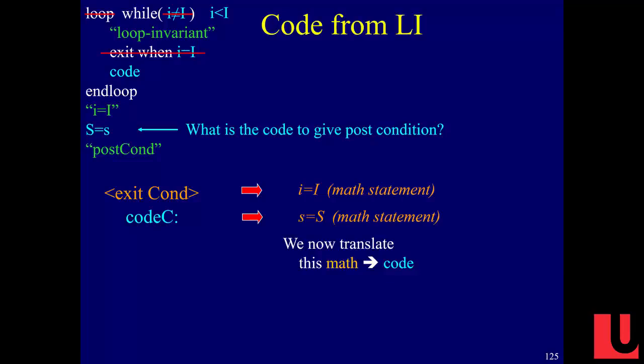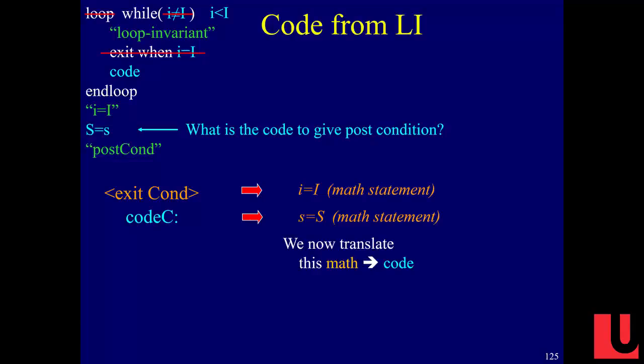Given I know little s, and I don't know big S, this is the obvious code to make this math true. Maybe I should add in the slides here. I could put in here in green. Maybe there's no difference actually between green and brown, but I got greens all the way through as my invariants and brown all the way through as my math. But really they're kind of the same.